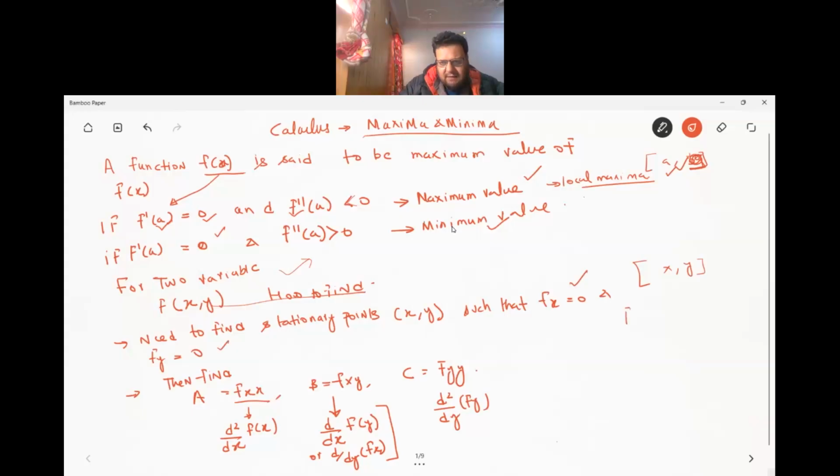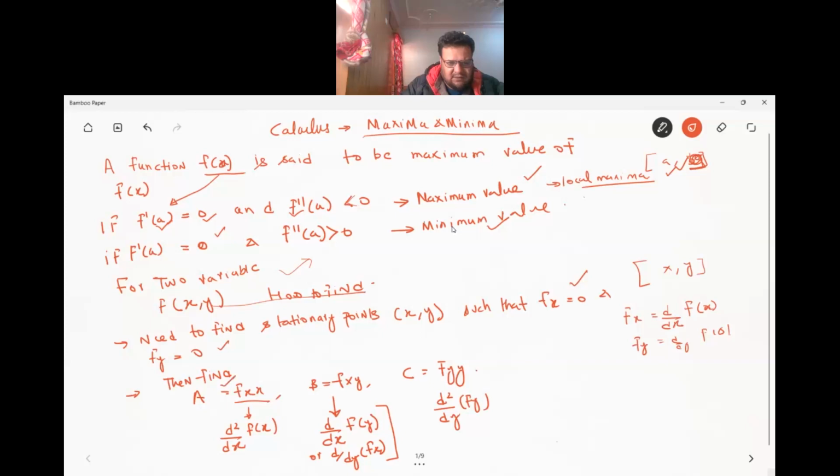What is f of x? f of x would be the first derivative of the function, so this would be d by dx of the function, and f of y would be equal to d by dy of the function.